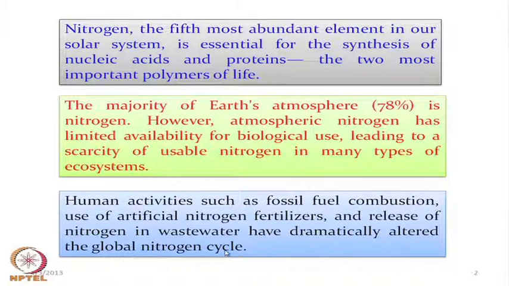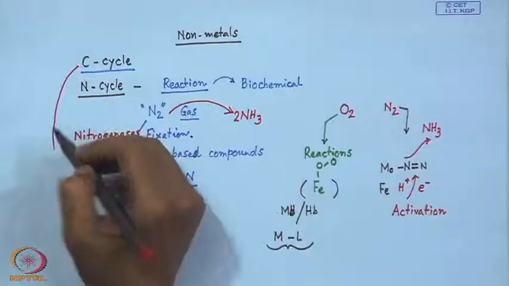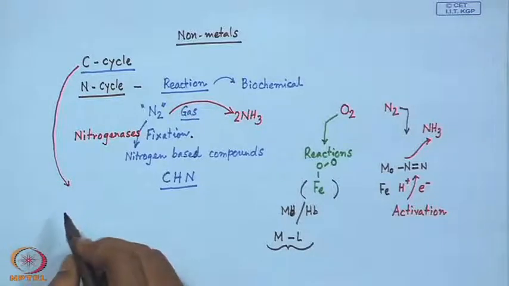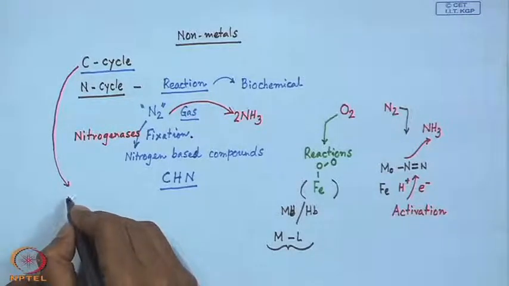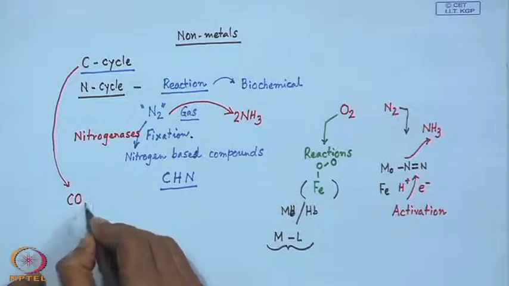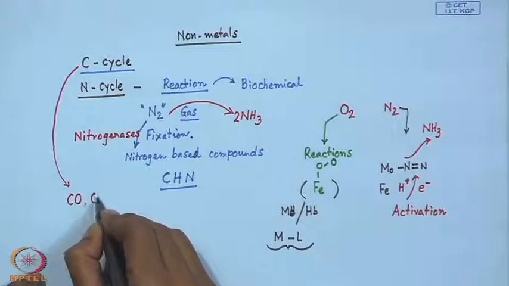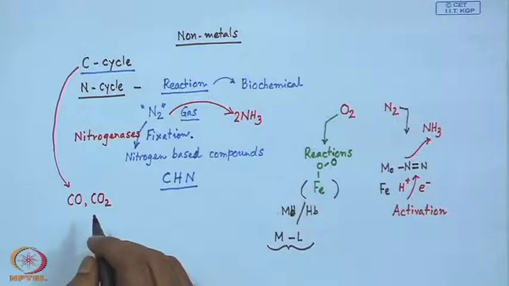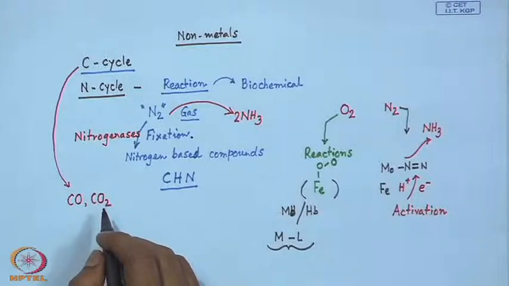But on the reverse side, human activities, such as fossil fuel combustion, burn the useful carbon compounds in the form of carbon monoxide and carbon dioxide, and both of them are typical greenhouse gases.